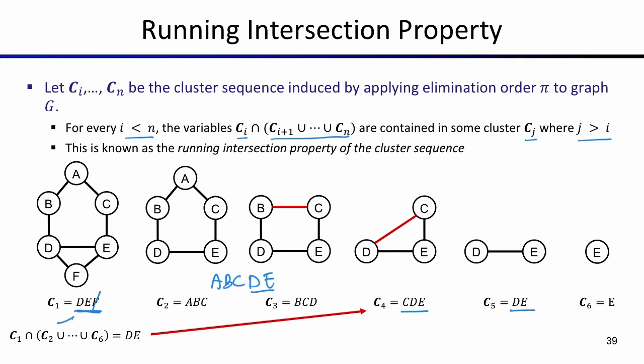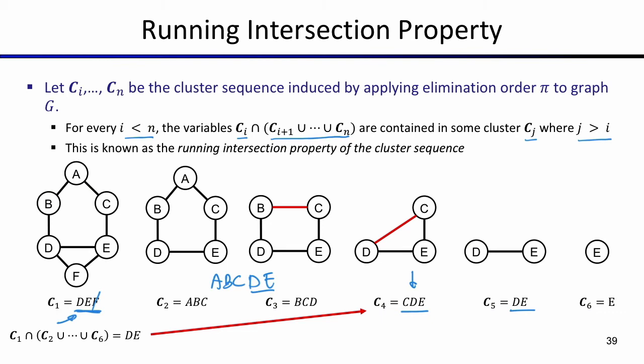So think about it: eliminating f creates a factor over d and e. This factor will appear later on in the elimination process of d or e. In this case, it appeared here when we were eliminating c, and we had to put this factor together, and this factor mentioned d and e.